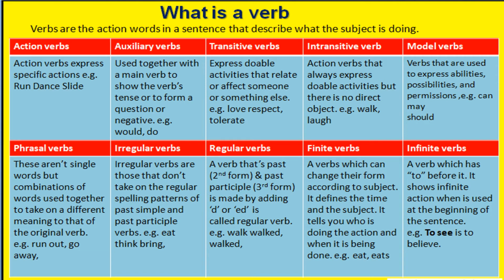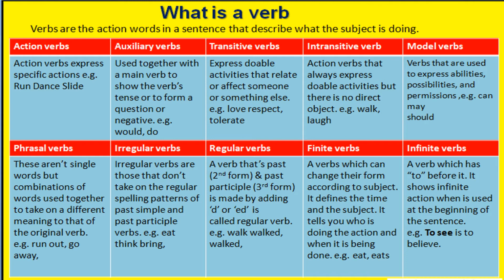Now, what is a verb? As we mentioned before, verbs are the action words in a sentence that describe what the subject is doing. There are many types of verbs.